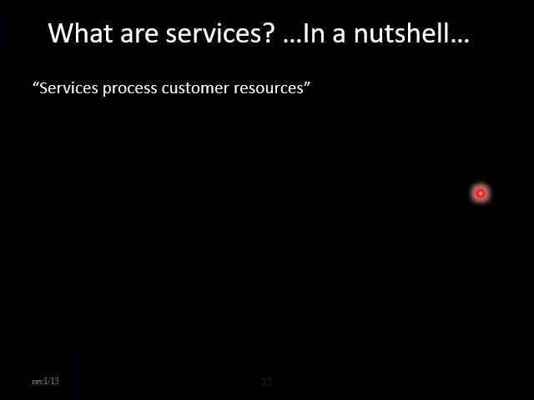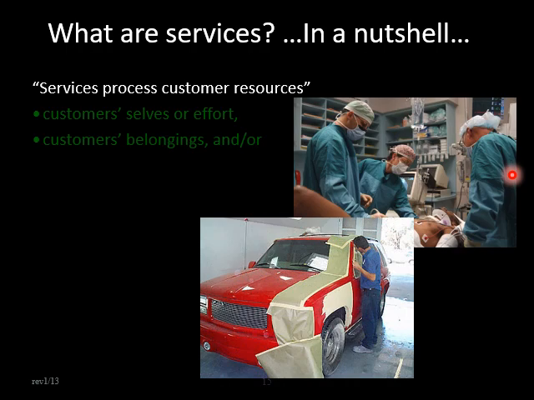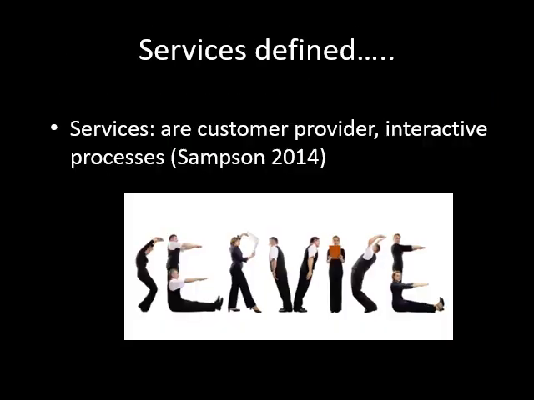So what are services? Services process customer resources. So services look after, they take the customer's self and effort and work. They take their belongings and their information. So when you go to an organization, you are providing resources to create a service, to co-create a service.